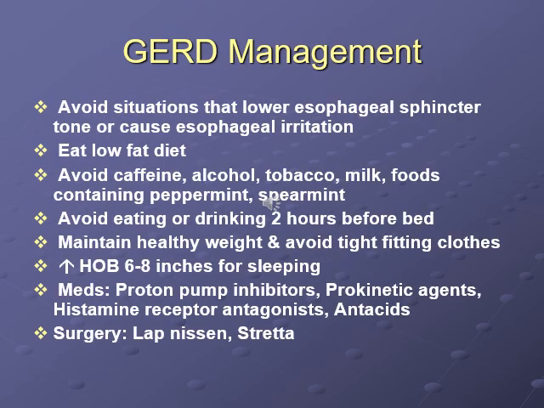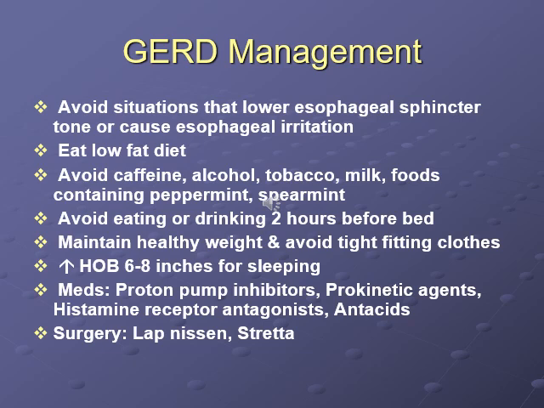So I think most students and nurses would think that GERD management is pretty straightforward. We want to avoid situations that lower esophageal sphincter tone. So, stopping smoking, limiting or reducing or cutting out completely caffeine, alcohol, fatty foods, those things that were on the list. We would have a low-fat diet.